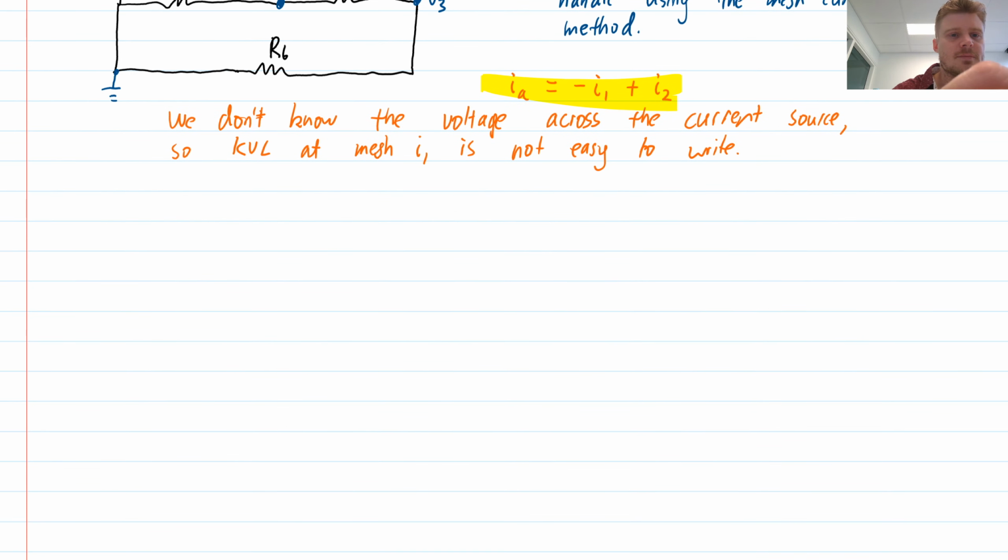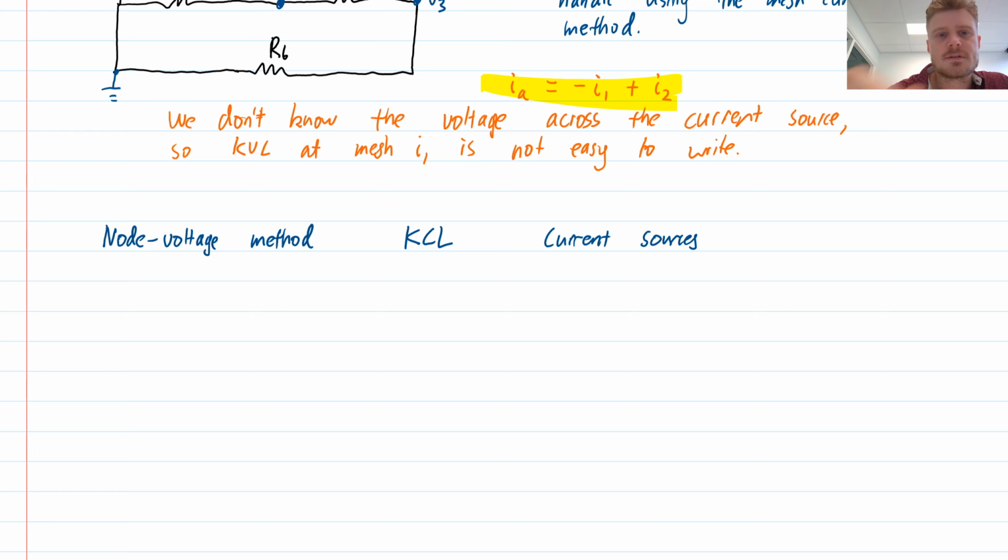We can summarize this behavior. We have two methods. We have the node voltage method, which uses Kirchhoff's current law. Because it uses Kirchhoff's current law, it works well for current sources, so current sources are easy to work with.